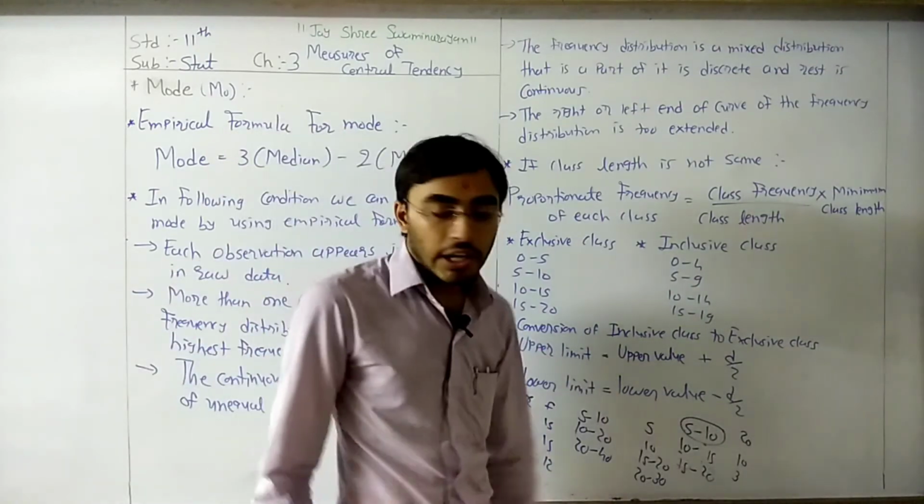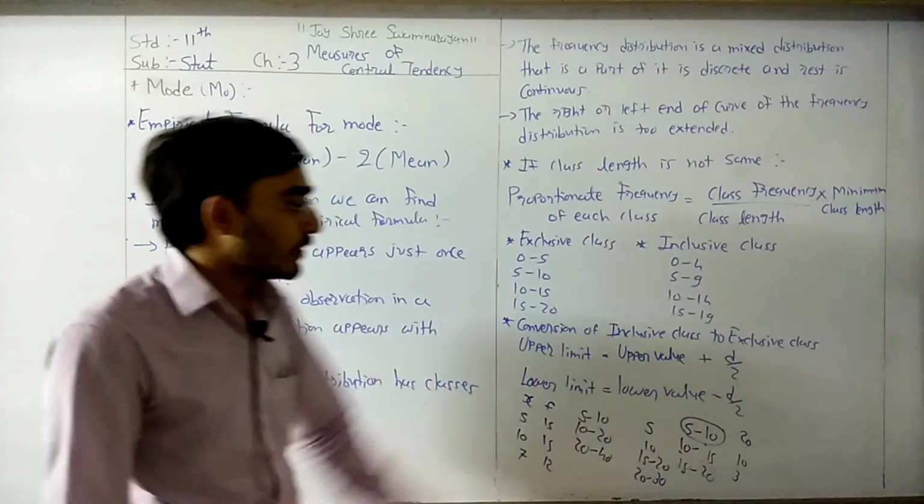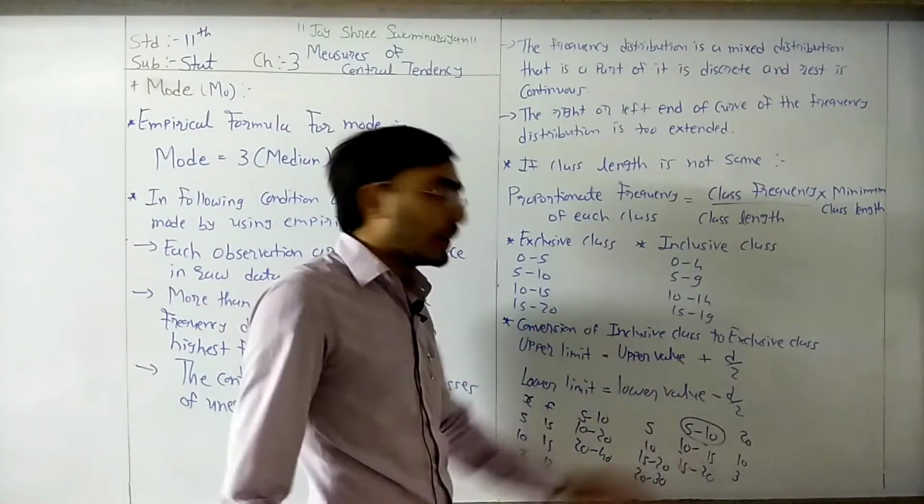This is our Fm. Here Fm is 20, but what is the value of F1? We cannot find F1 here.